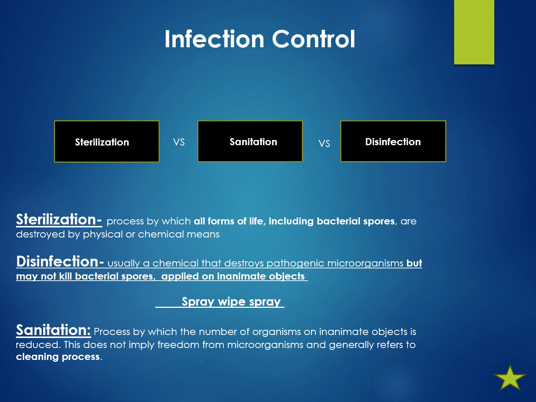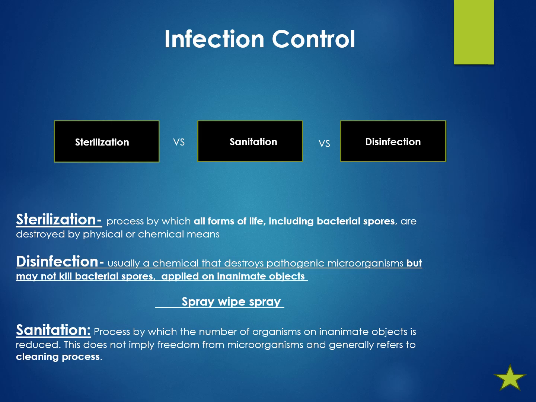Disinfection is usually a chemical means, and it destroys pathogenic microorganisms, but it may not kill the bacterial spores, and this is applied on inanimate objects. Your book will discuss a wipe-spray method. We use a wipe, dispose, and wipe again method, and we'll discuss that here in just a little bit.